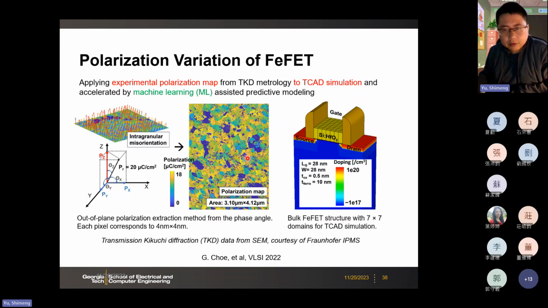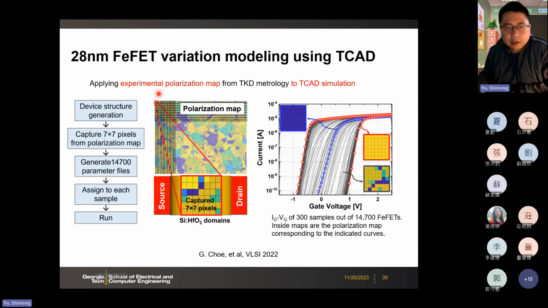Here, what we do is take this imaging from the SEM and then do a TCAD simulation to predict the IDVG if the device is fabricated in this location versus in this location. We treat this with pixels, like 7 by 7, because each pixel is 4 nanometer by 4 nanometer, so this is like 28 by 28 nanometer in terms of the gate area.